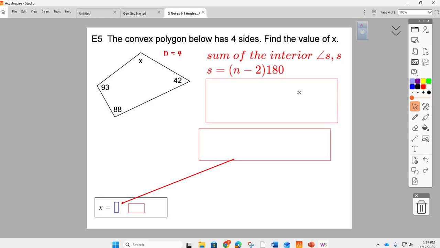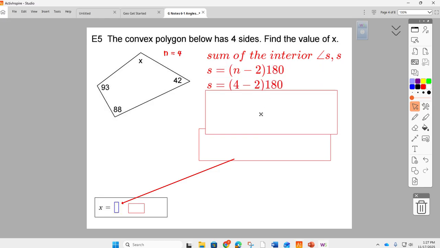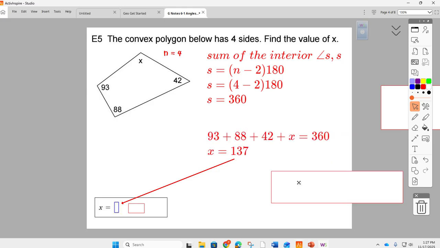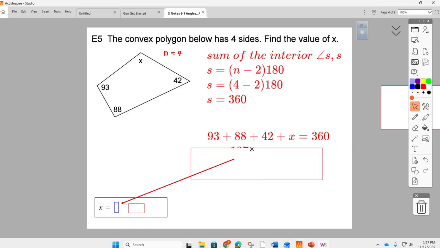If we know it's 4-sided, 4 minus 2, so we're going to plug in the 4. So for 4 sides we should start remembering it's 360, right? But if you forget, use your formula, and now we know that 93 plus 88 plus 42 plus x equals 360. And I think those add up to 223.